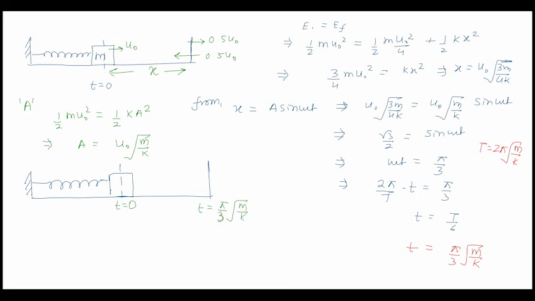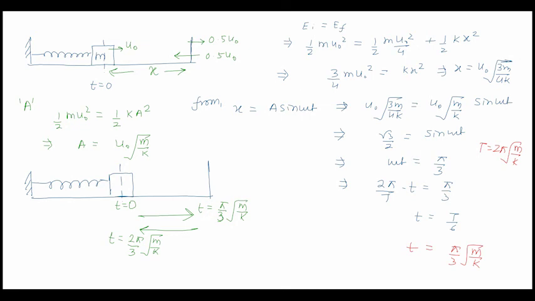So this is the first slot of motion, the time at which it collides. When it bounces back and reaches the equilibrium position for the first time, the time it will take will be equal to 2 pi by 3 root over m by k.